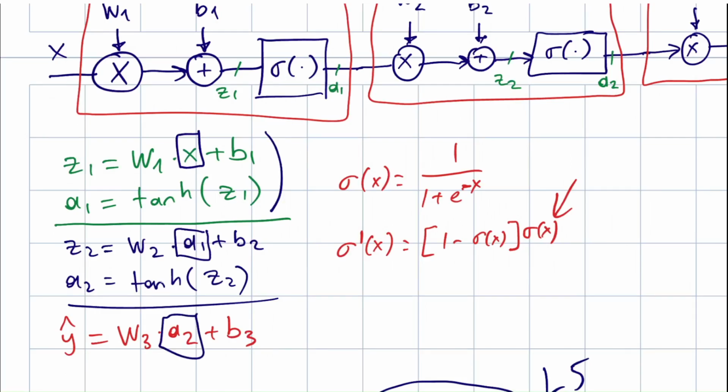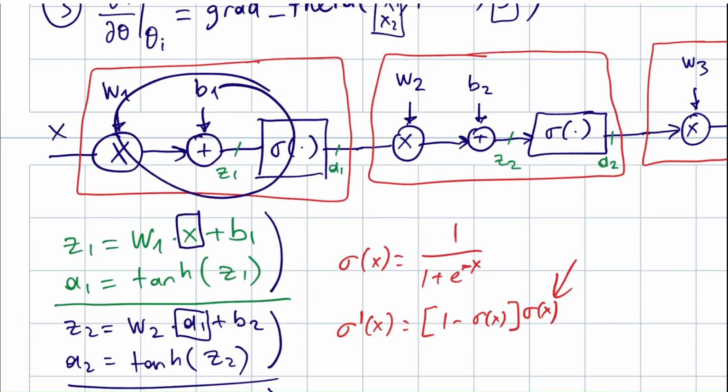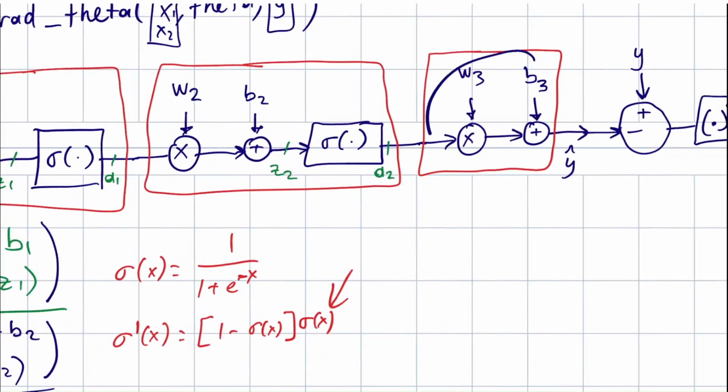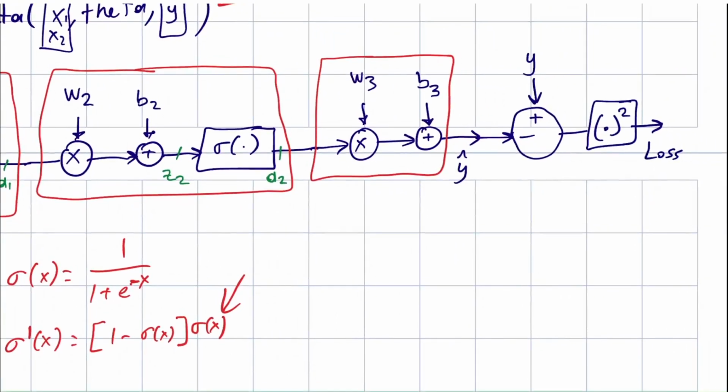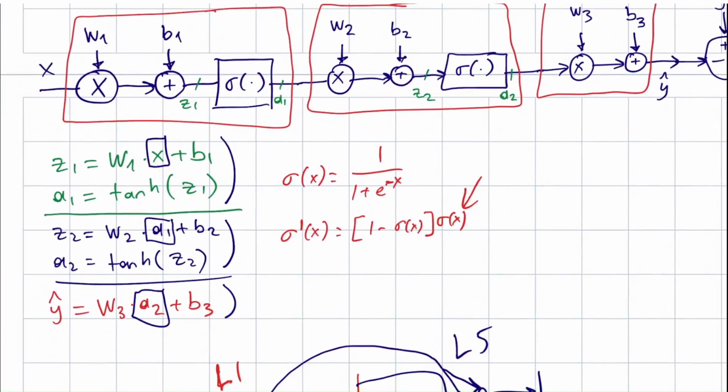This is layer 1, layer 2, and layer 3. The final layer is the output layer. You can notice the similarity. We use the same activation functions here, and in the final layer we have y estimate, and y minus y estimate gives us the error, and by squaring it we have the loss value. So this is the basic structure we have.